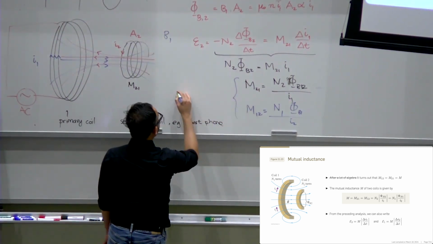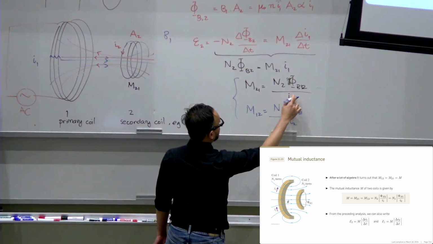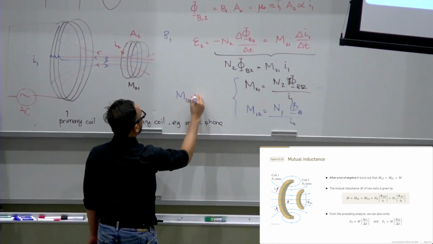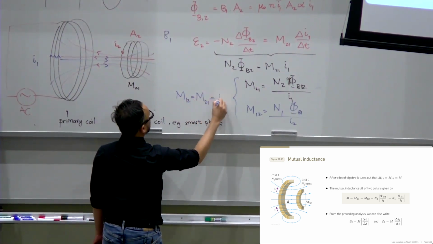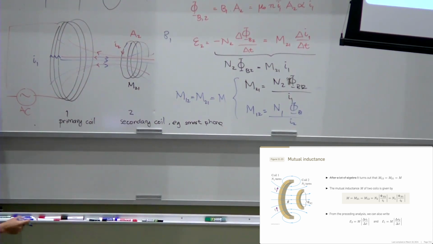If you put in all the numbers, because I2 is a function of I1, M12 is equal to M21, which is equal to M. You will know that after another whiteboard of derivation, which I will not do today.